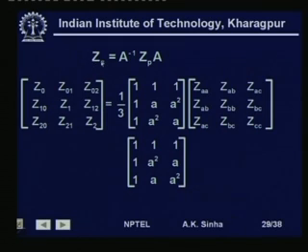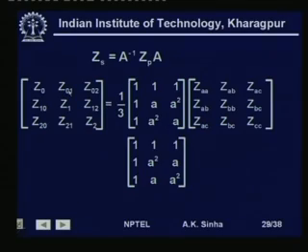So, again we can write Zs is equal to A inverse Zp into A. So, Zs is nothing but Z0, Z01, Z02. These are the mutual terms which we are writing for 0 sequence to positive sequence, 0 sequence to negative sequence.